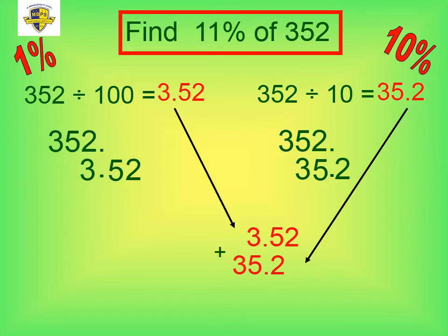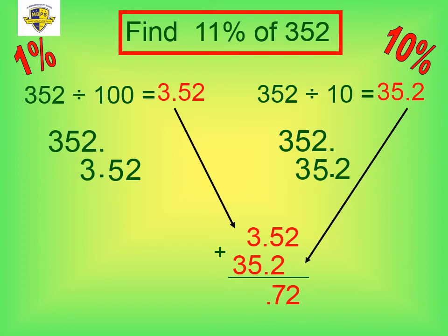Now start adding. You remember adding decimals? Okay, we start adding from the right side. 2 plus, down we don't have anything, so we say this is 0. 2 plus 0, 2. 5 plus 2, this is 7.